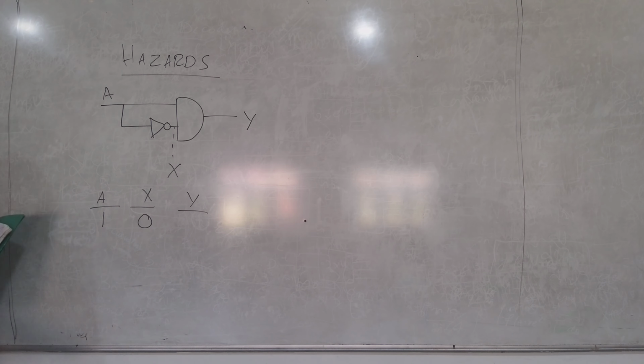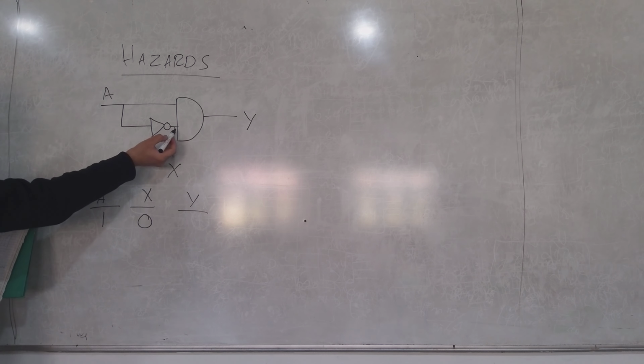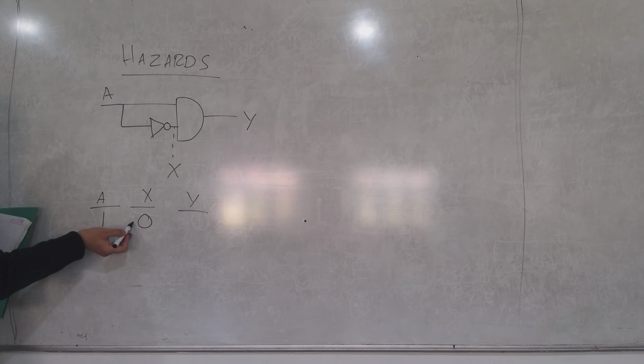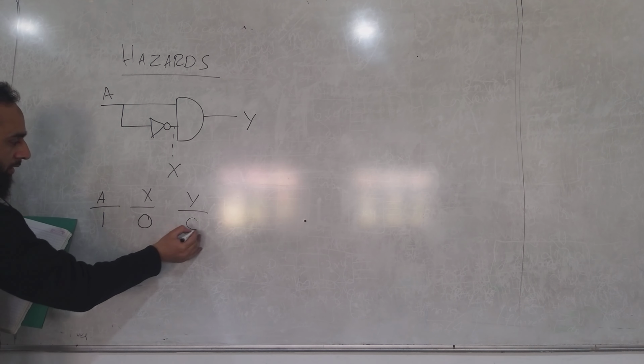Eyes on board please. A is input, and you gave the second input through an inverter. So when your A is 1, X is 0, Y should be 0.